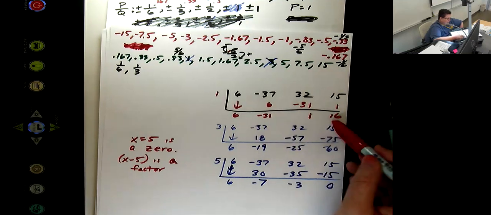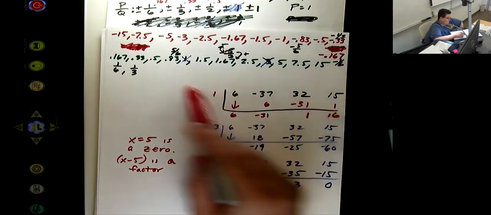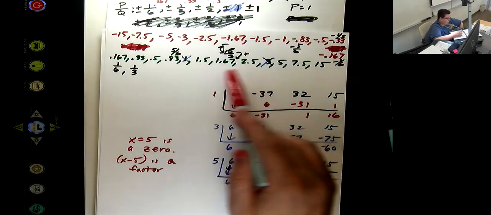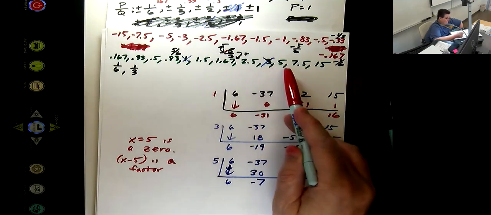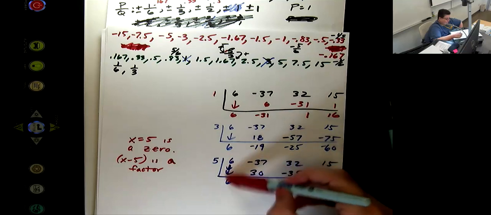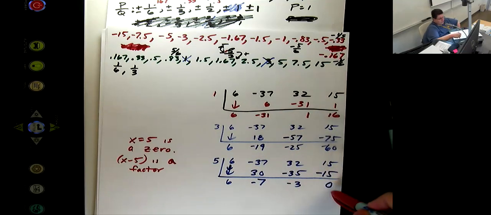These weren't all positive, and a lot of these are fractions, and I don't wanna work with fractions. So I just kept going and trying the whole numbers, 1, 3, 5. 3 didn't have all positive, so it still didn't say I couldn't have more. So 5 was the next option and 5 worked. When it's a 0 here, that's the remainder, that's what works.